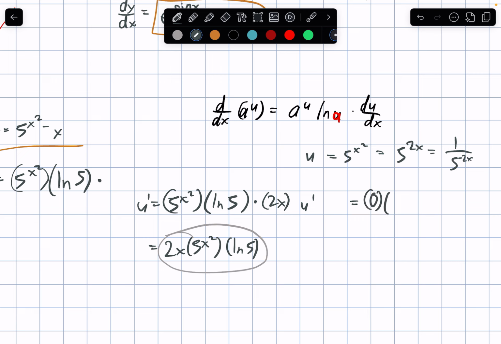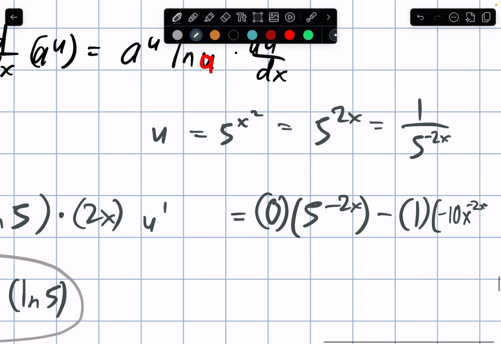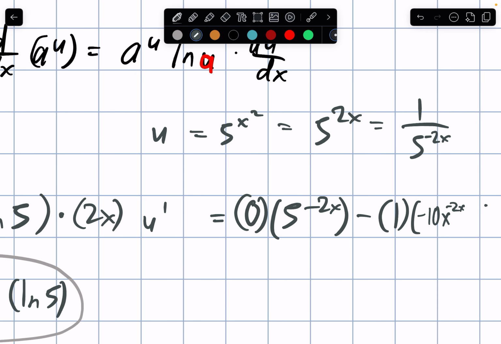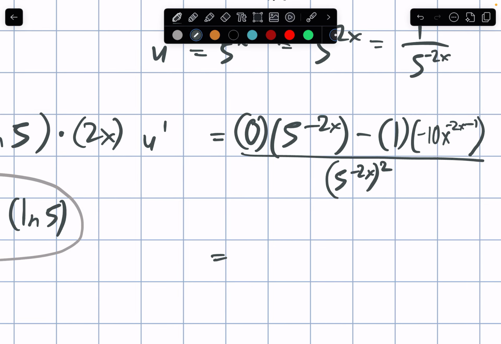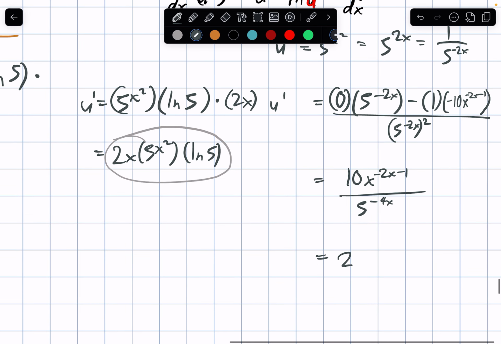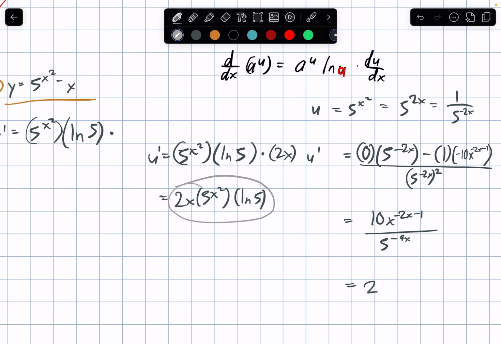So derivatives, 0 times. Never mind, this does not look appetizing.